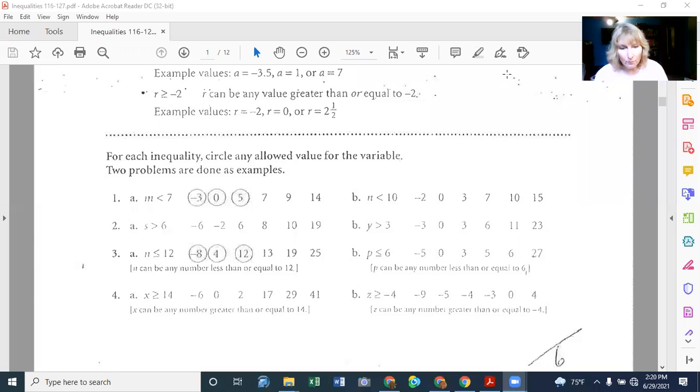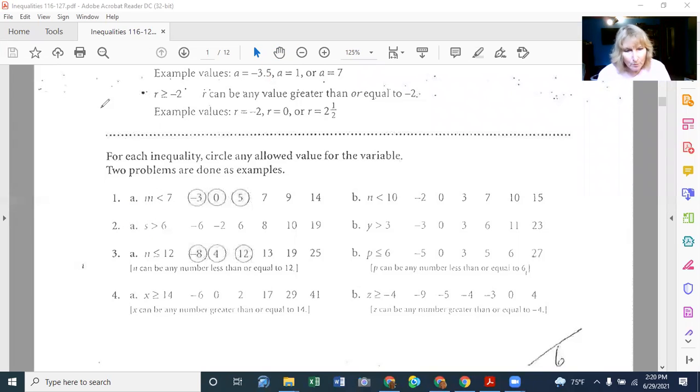Looking at row 1, we can see that we have the first one done for us. It's saying that M is less than 7. The open mouth of an inequality always points to the bigger number.